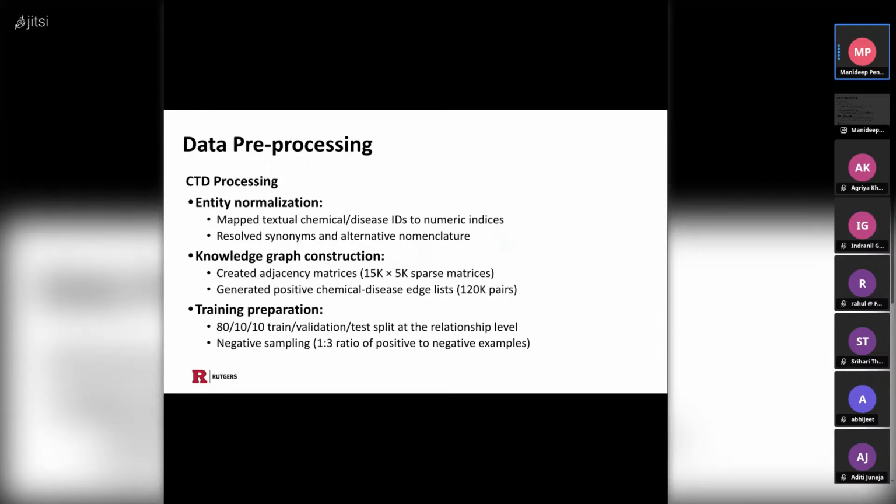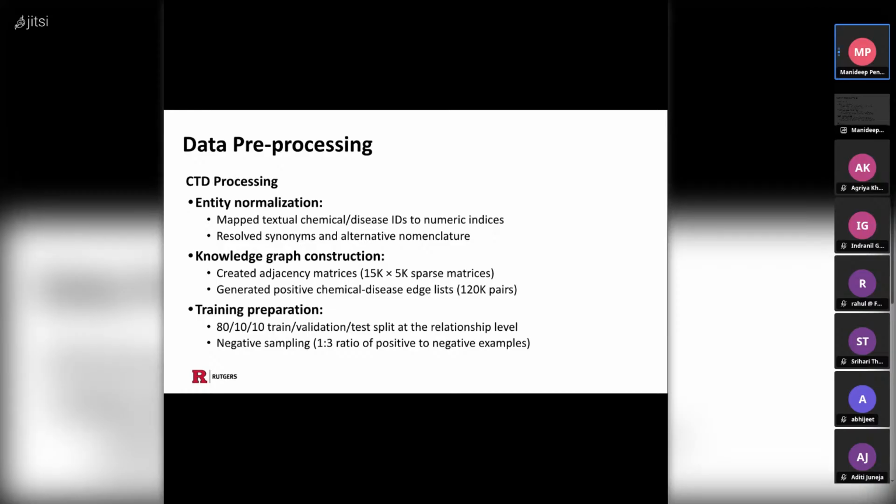Data pre-processing is pretty straightforward here. I'm not going to go into a lot of detail. We just perform our textbook steps like normalization and creating adjacency matrices. Because we are using CTD for graphs, we use these associations to give weights to our nodes.